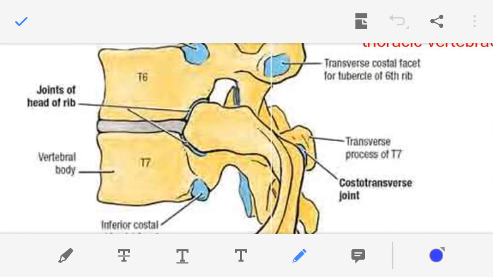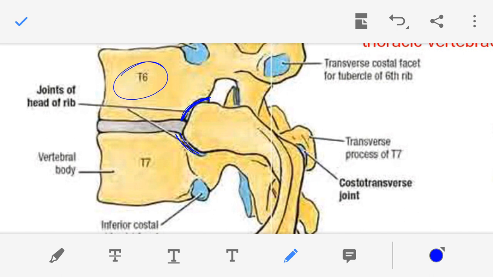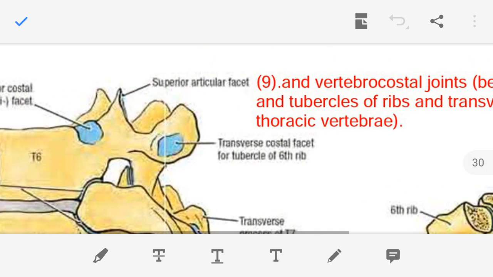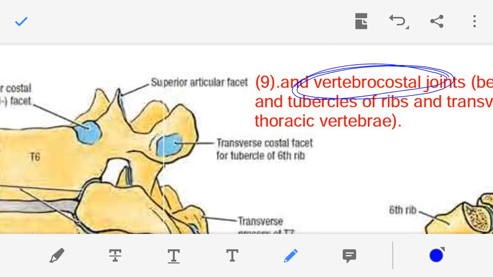This is the inferior demifacet of T6. This is the superior demifacet of T7, and the head of the seventh rib articulates with this inferior and superior demifacet. The joint made between the body of the vertebra and the head of the rib is known as the vertebrocostal joint.